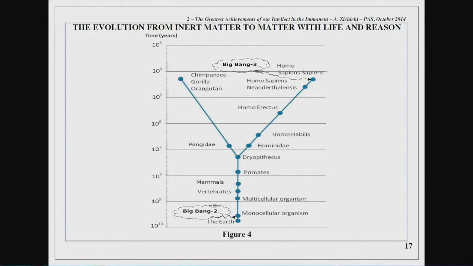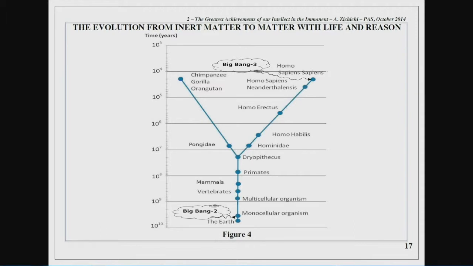Now we show you 2 ways of studying the evolution, from inert matter to matter with life and reason. If you go down, you have a billion years, which is the formation of this planet, how the planet started to rotate around the sun. Big Bang 2 is very near, on a logarithmic scale, and this is the monocellular construction.